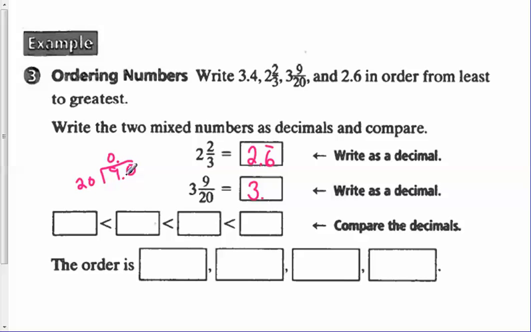Add my 0 here. 20 goes into 90 4 times. 4 times 20 is 80. I subtract and I get 10. I add a 0 and bring it down. 20 goes into 100 5 times, and there's no remainder. So 3 and 9/20 would be the same as 3.45.